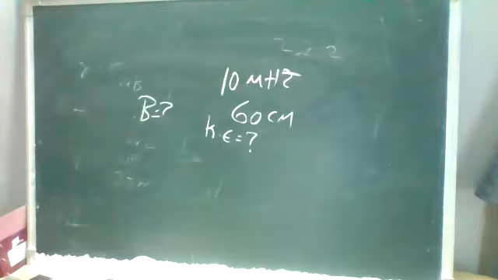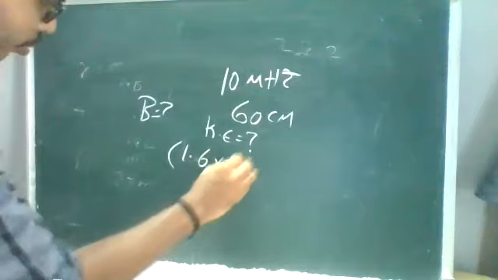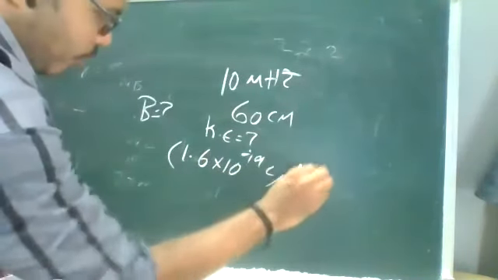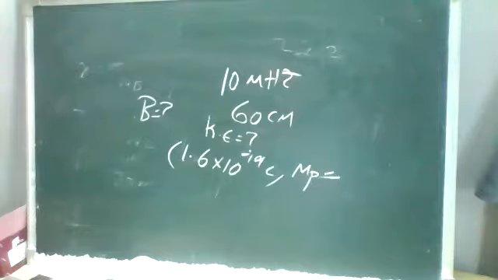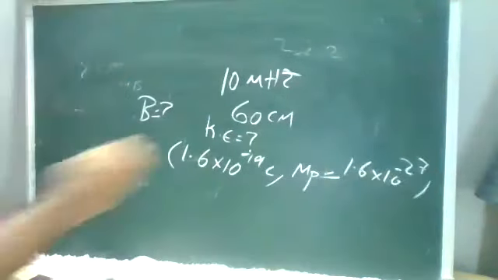They have given the values. The charge is 1.6 into 10 power minus 19 coulombs. The mass of the proton, because we are discussing the proton only, is 1.6 into 10 power minus 27 kg.